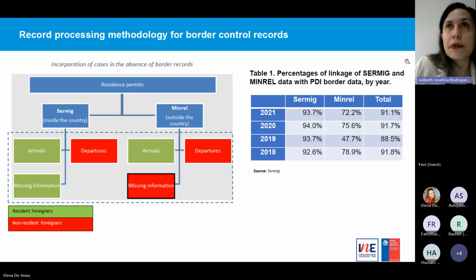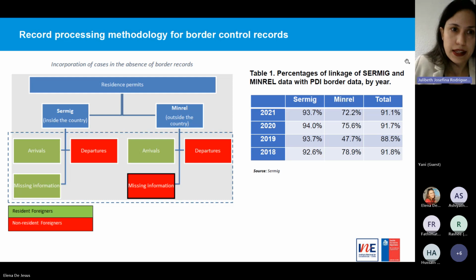I want to tell you a little bit more about how we add or subtract a person, depending on the data source. For example, in the diagram on the left, you can see the cases that we add or subtract. In both cases, if it's an identified entry, we add the person. And if it's an exit, we subtract them.